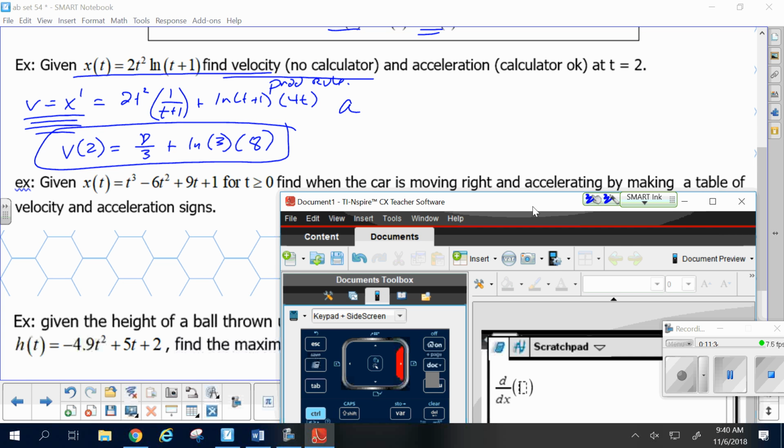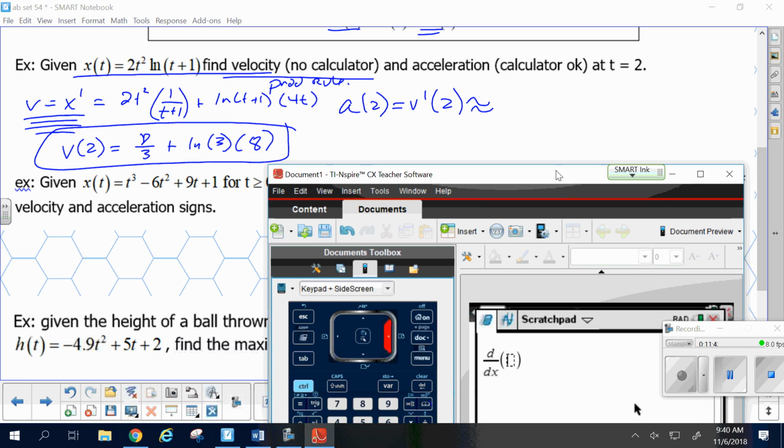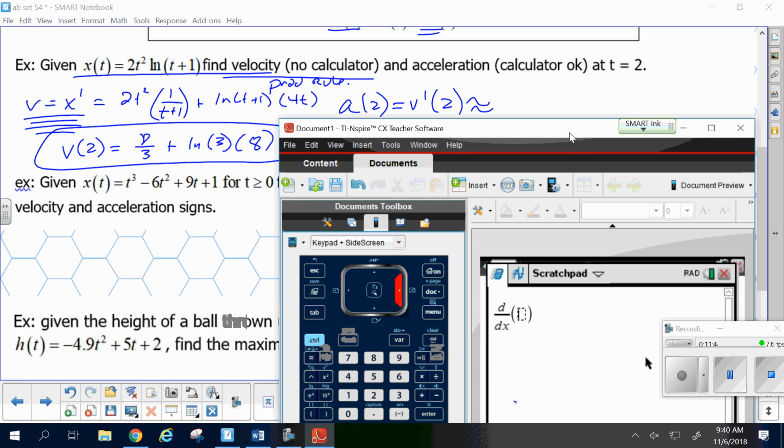Now, acceleration at 2 is v prime at 2. And I said you can have your calculator do that, right? So I could take the derivative. I'm using x here. Could I just mentally change everything to x, or do we have to use t, or could I use x? I could use x if I make everything x.